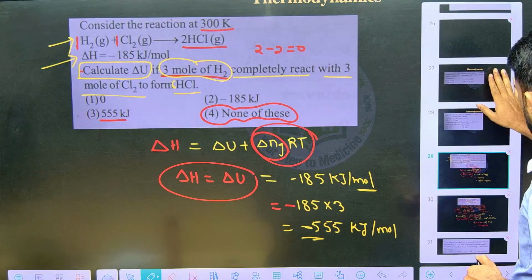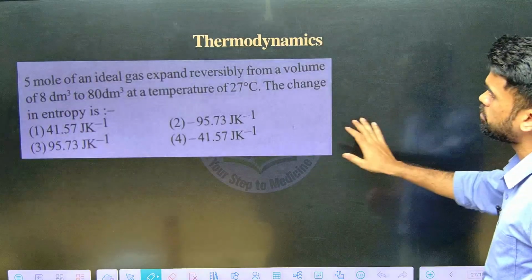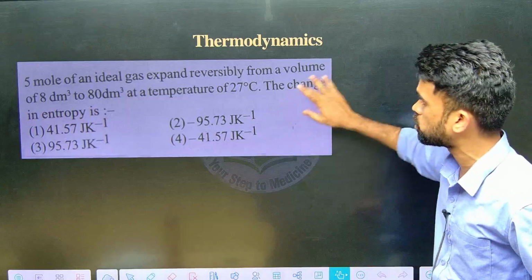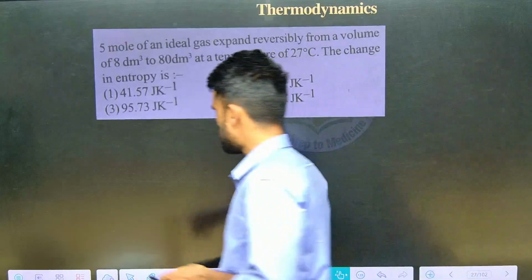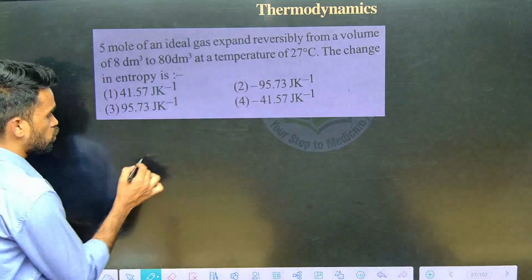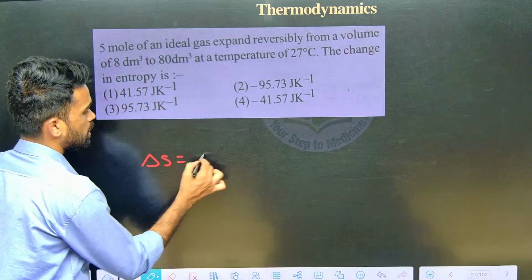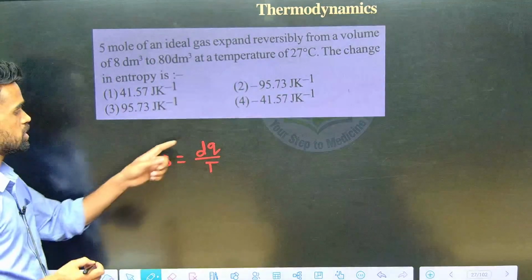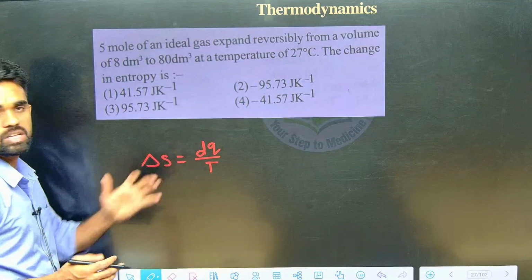Yeah. Now I will explain one entropy related question. So what do we mean by entropy first? See, entropy means change in heat dq with temperature, change in heat by temperature.